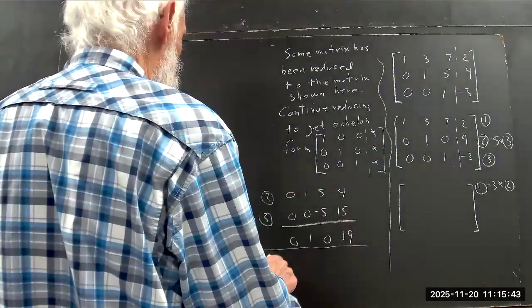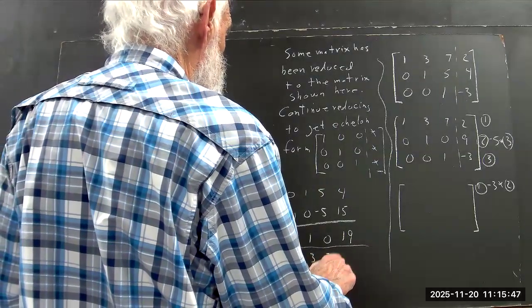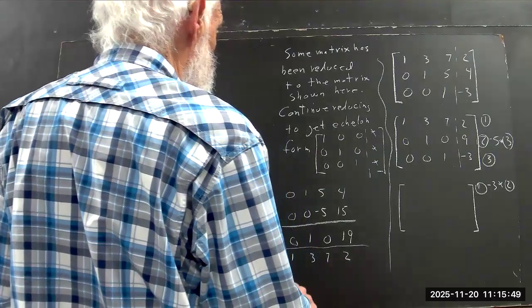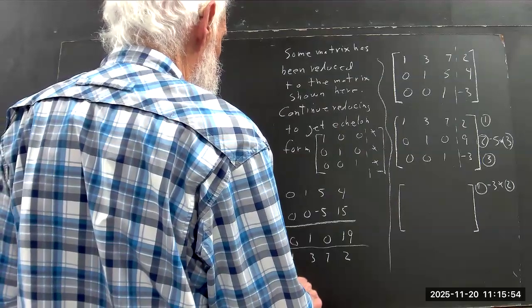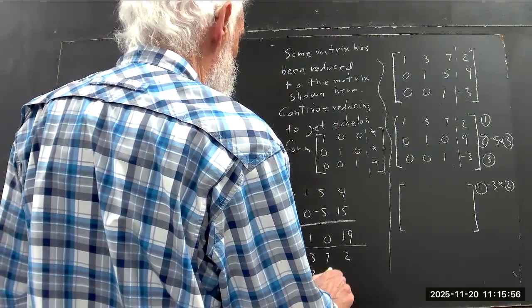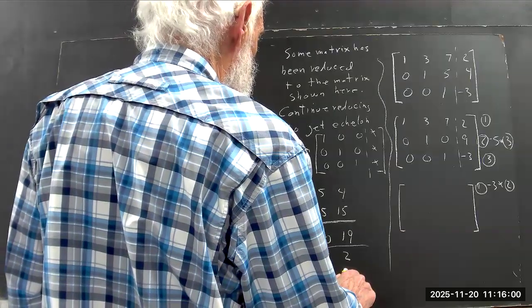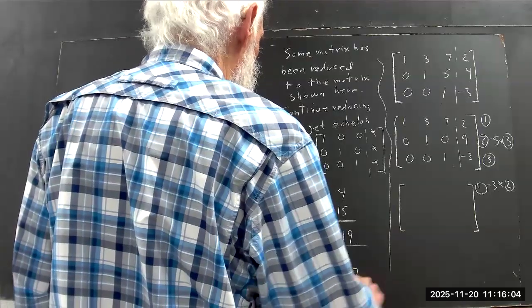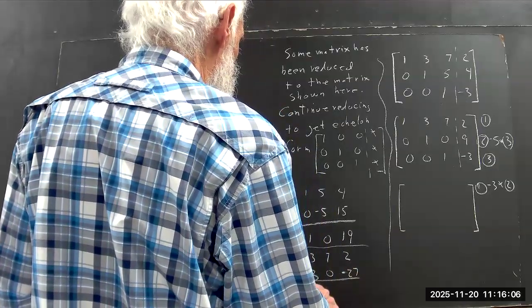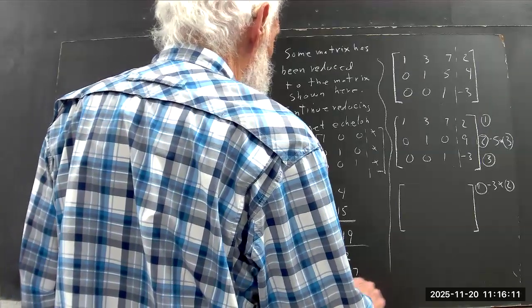Okay, so we write row 1, which is 1, 3, 7, 2, and -3 times row 2, which is going to be 0, -3, 0, careful, -27. Adds up to 1, 0, 7, -25.